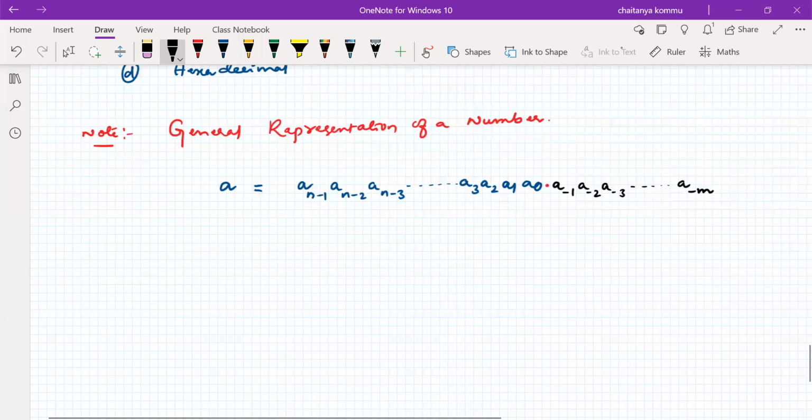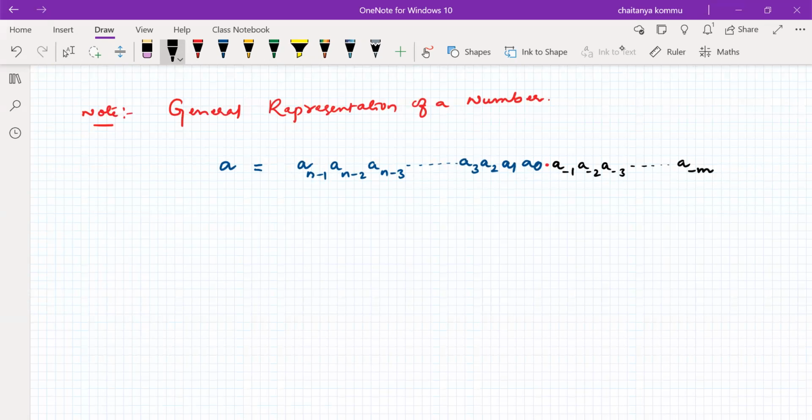Let us consider the generalized index is i. The value of i should be between -m and n-1.